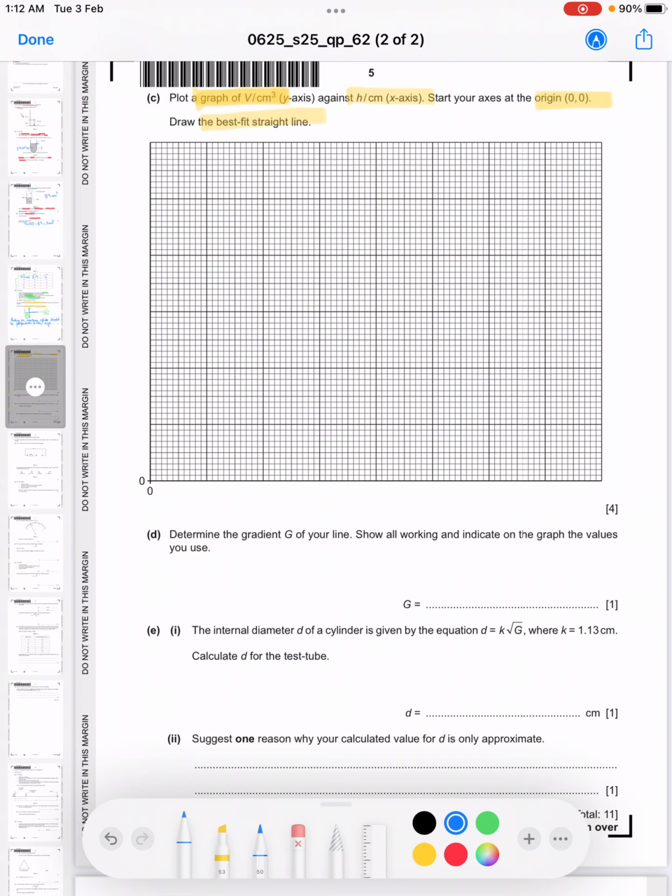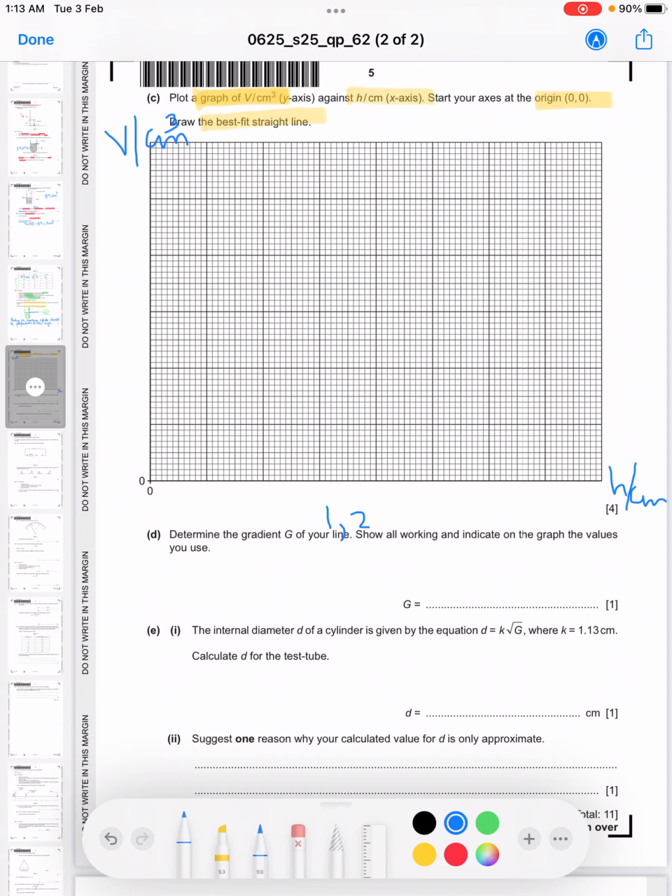Let's start. We have V on the y-axis, in cm³, and h on the x-axis, in centimeters. Whenever we plot a graph, the scale we choose must be a multiple of 1, 2, 5 or 10.